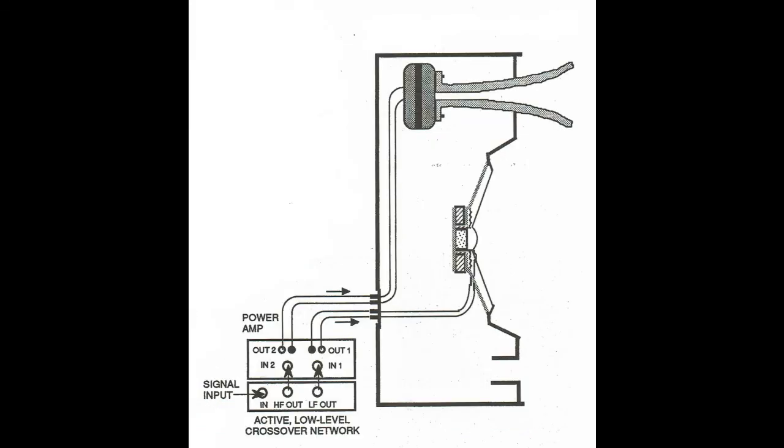So some of the other types of speakers that we can come across are known as bi- and tri-amplified speakers. The bi-amplified speaker systems basically use an active crossover to split the signal from the mixer into the low and high frequency ranges.